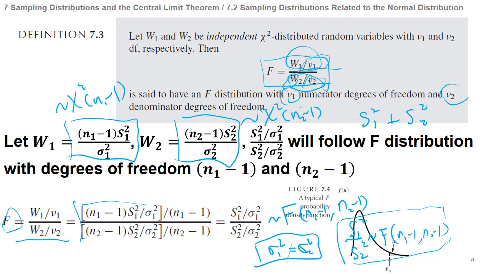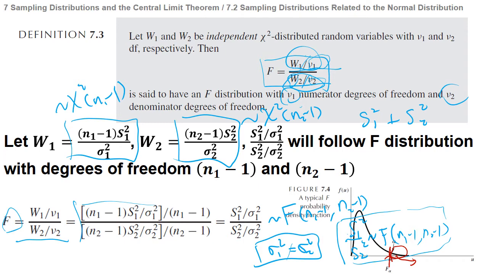So this is the definition of the F distribution. Our F distribution looks like this, and if we observe that our observation is very rare, meaning the area in the tail is very small, then it would be evidence that sigma 1 square and sigma 2 square may not be equivalent.